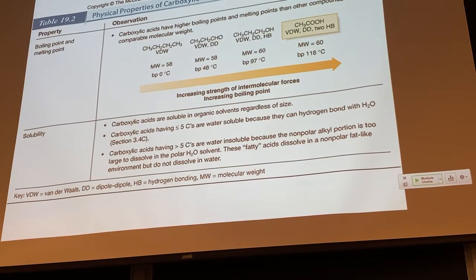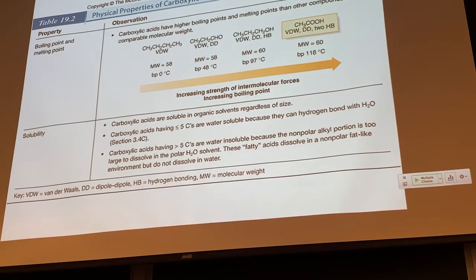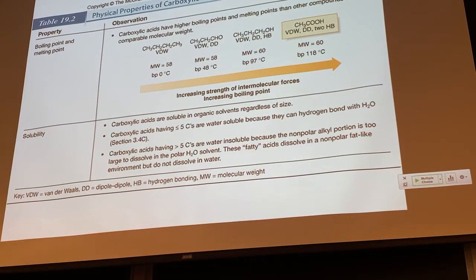Would we expect carboxylic acids to be water soluble? Yes or no? To a certain extent. To what extent? Yes, if we have 5 carbons or less, then those carboxylic acids will be water soluble. If the chain is 6 carbons or longer, that chain is too long to dissolve in water, too hydrophobic, as they would say in biochemistry.